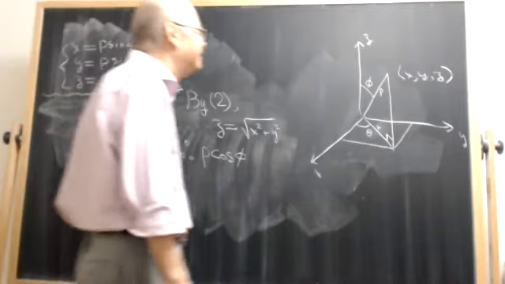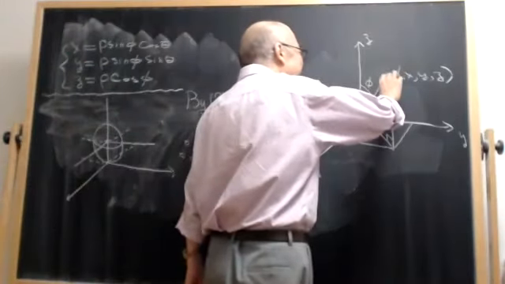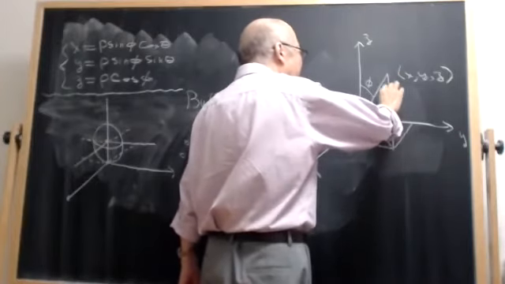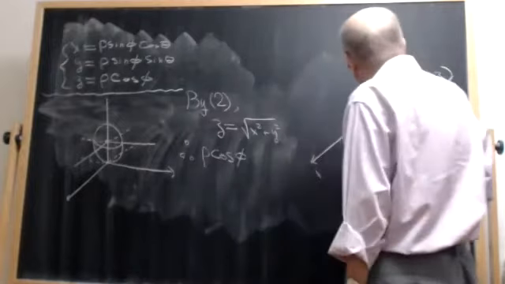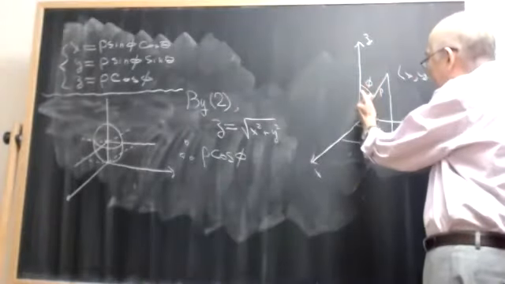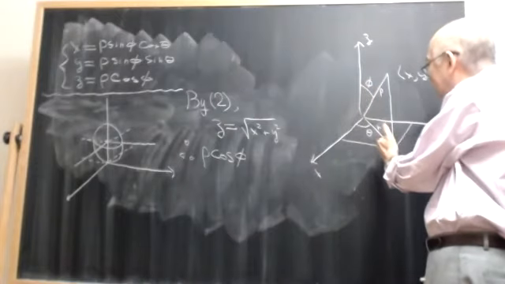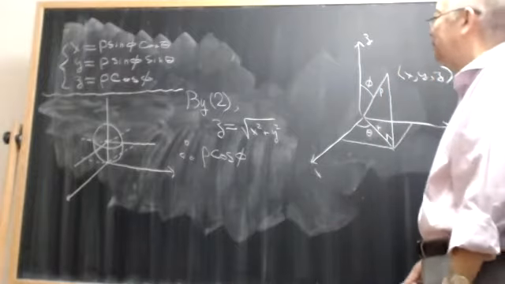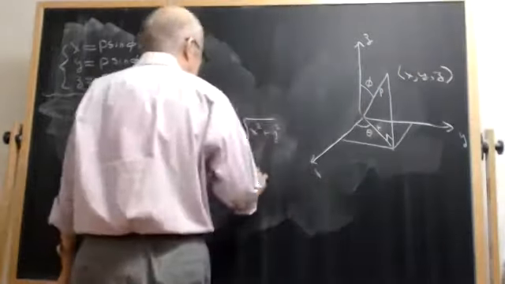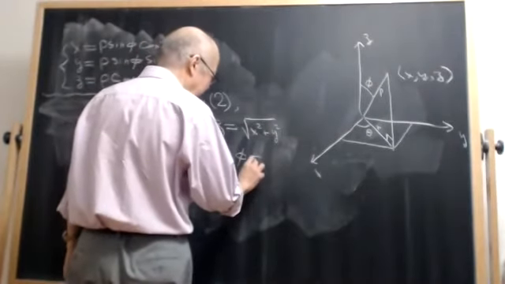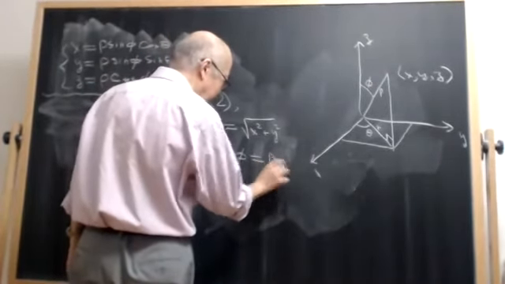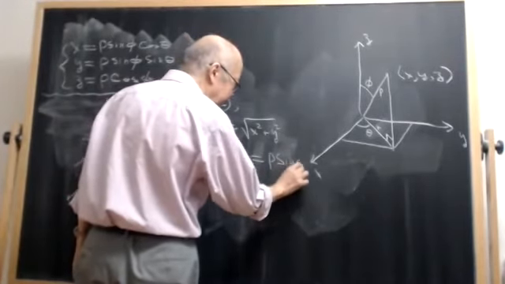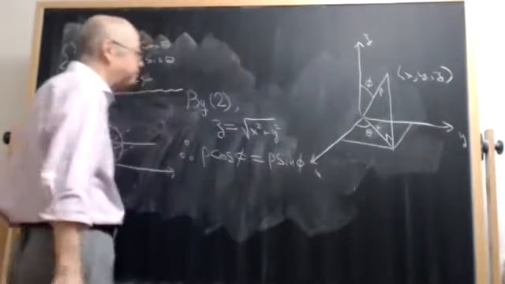And this is the angle phi. Then what is R? If you look at this one, this is the hypotenuse. R is the opposite side to the angle phi here. So it's rho sine phi. Right?